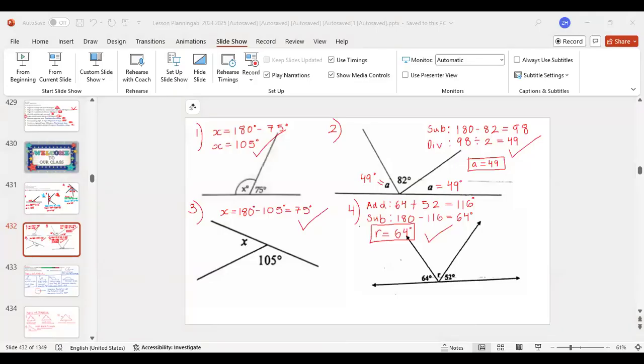I want to do a bonus question. So these two, pay close attention to these, because these are what we call bonus questions.